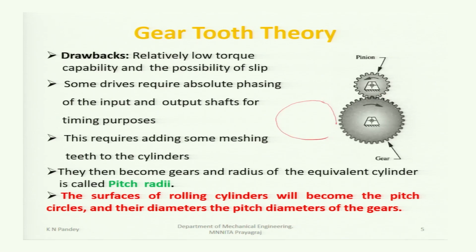Let these two cylinders be there, and we are able to transmit power with the help of these two cylinders and equally with the help of this toothed arrangement. Then the surface of this cylinder will be the pitch surface, and the circle formed will be the pitch circle of this gear, and the diameter will be the pitch diameter.